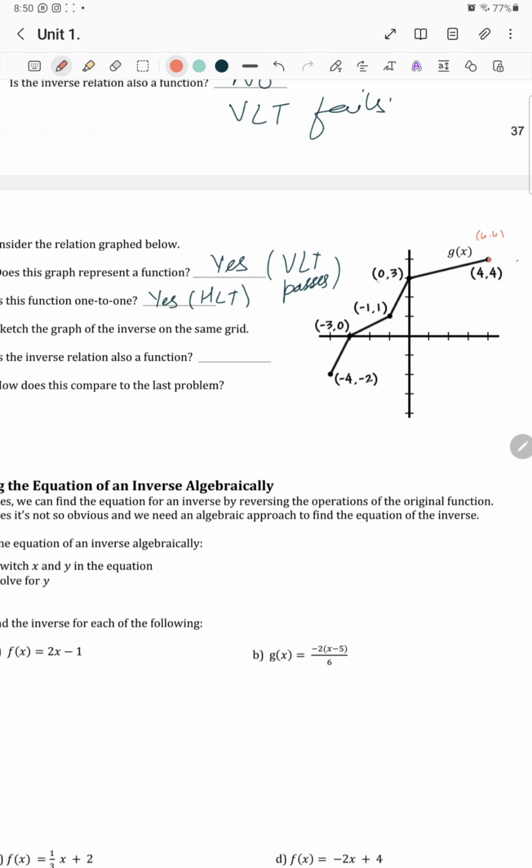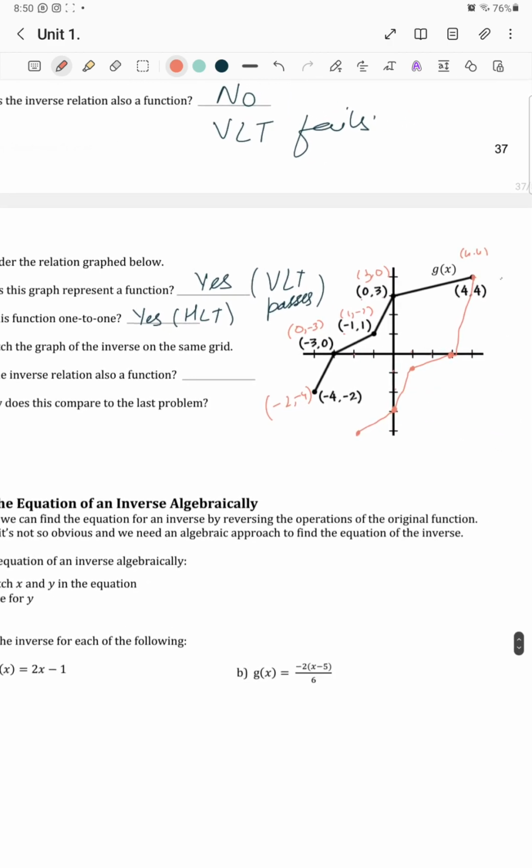It's the same point. (0, 3) would become (3, 0). (-1, 1) would become (1, -1). (-3, 0) would become (0, -3). (-4, -2) would become (-2, -4). Okay, so this is the graph.